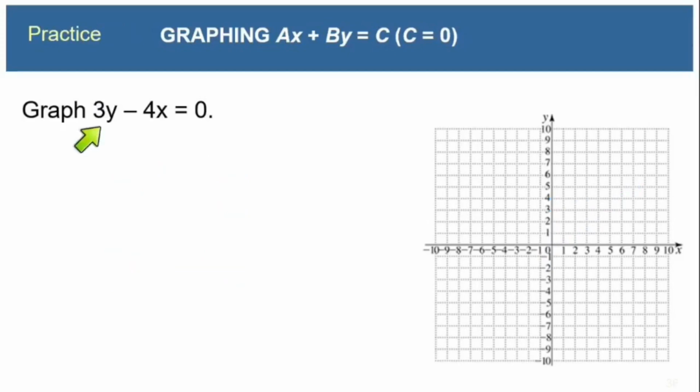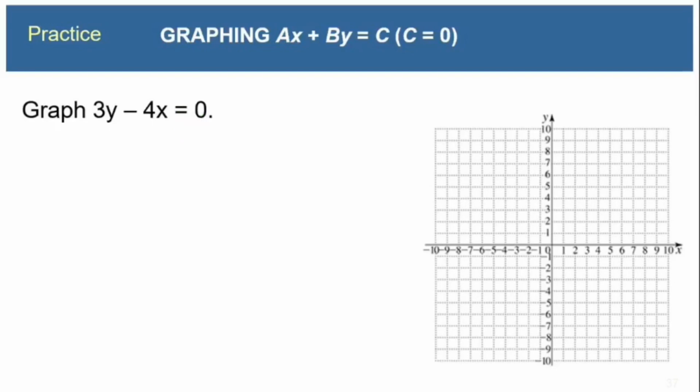So we're going to graph 3y minus 4x equals 0. So this line is not exactly in standard form because we don't have the x term positive, but that's okay. We still handle it the same way. We can see that because the constant is 0, the y-intercept is going to be 0 and the x-intercept is going to be 0.